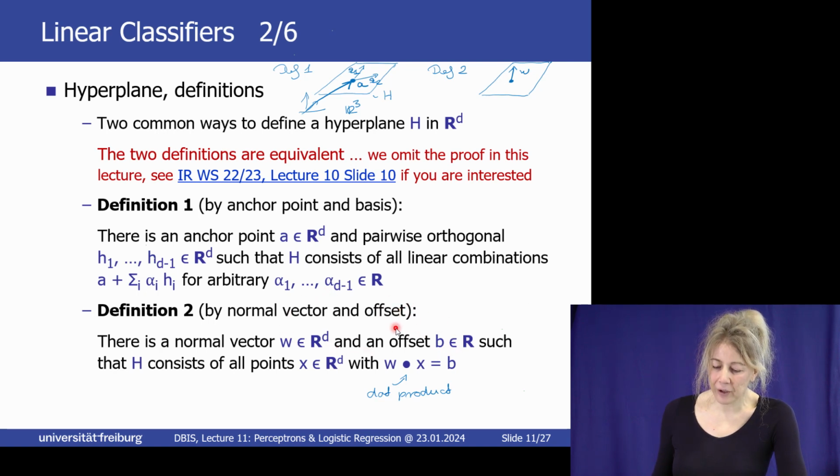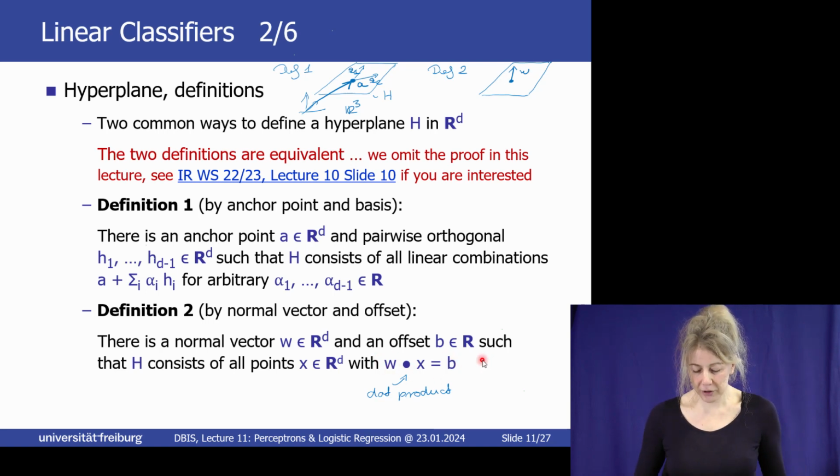So to define a hyperplane, you have a vector W in the full space. You have a scalar B, and then the hyperplane is just all points which fulfill that property. And this is the normal vector.